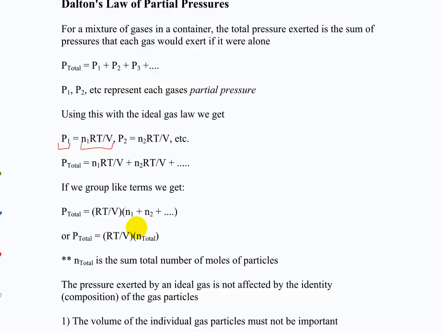But this is going to help us do some calculations, because if we know the moles of the individual gases in a container, we also know the pressures. So we can calculate the pressure of a complete container by knowing the moles of the gases, and we can calculate the partial pressures. And this is going to have some consequences experimentally for some things we're going to see in a little bit.